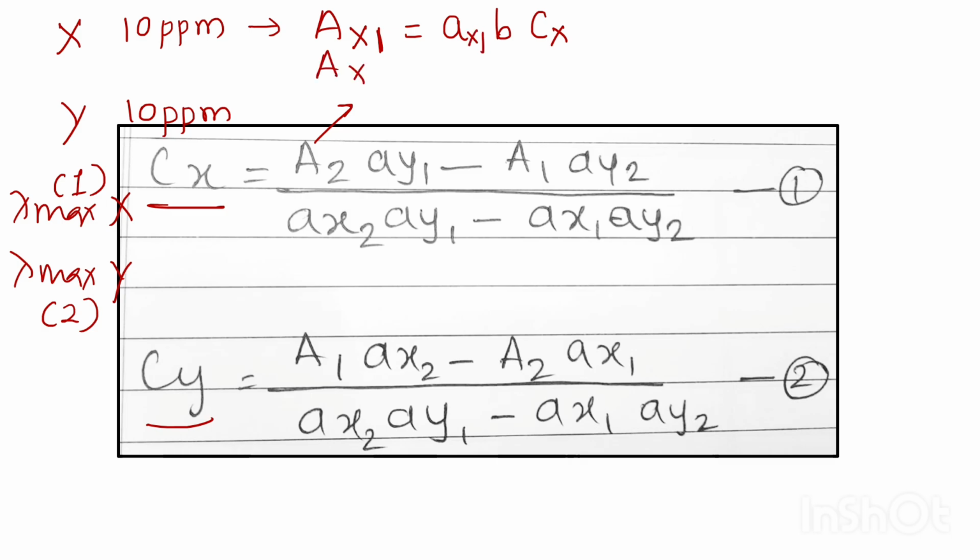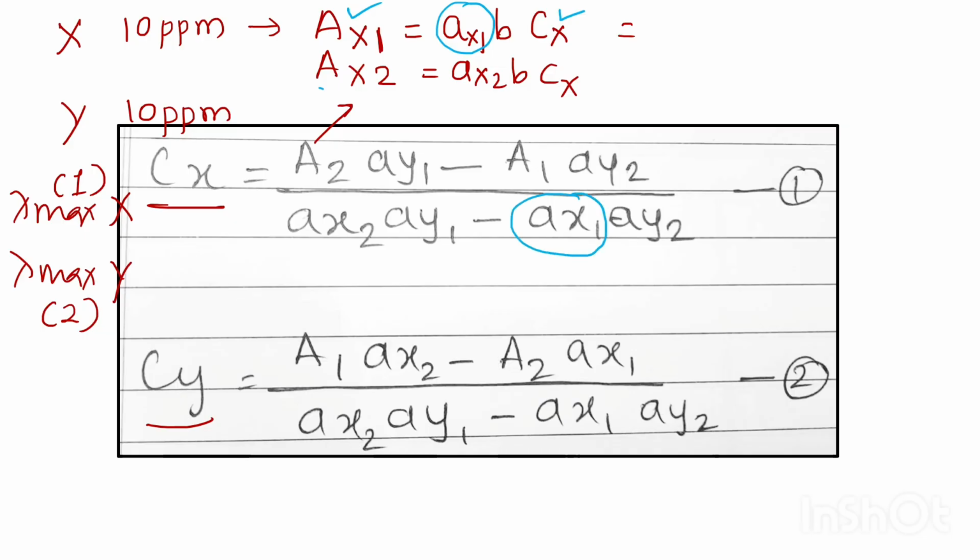Here absorbance of X again at second wavelength, this is AX2 and Cx. ये कैसे find out करेंगे? ये value, this value you will get from the instrument. This value you know 10 ppm, so you can calculate AX1 and that AX1 you will be substituting here.